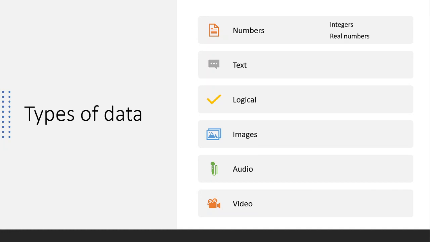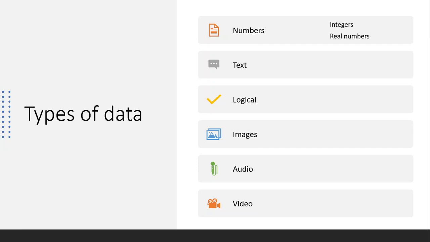Now, what type of data does a computer process? We'll talk about data as well. Data is basically raw facts. Facts can be quantitative, numbers, or qualitative.